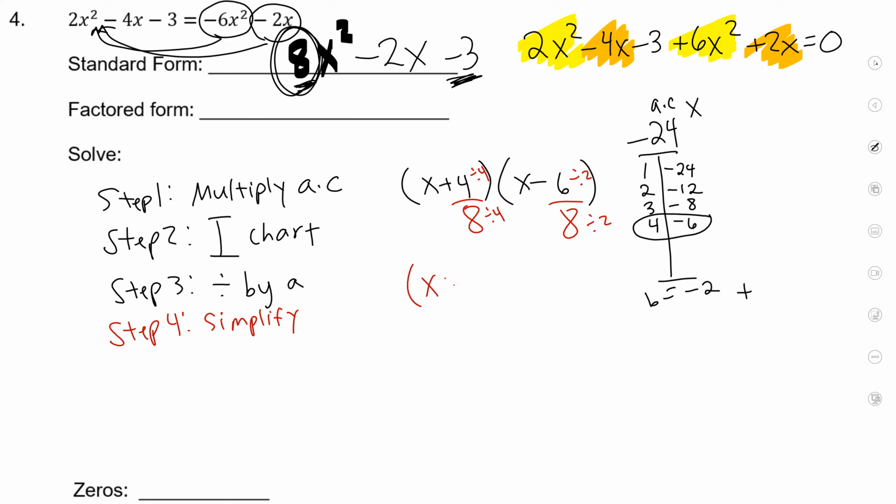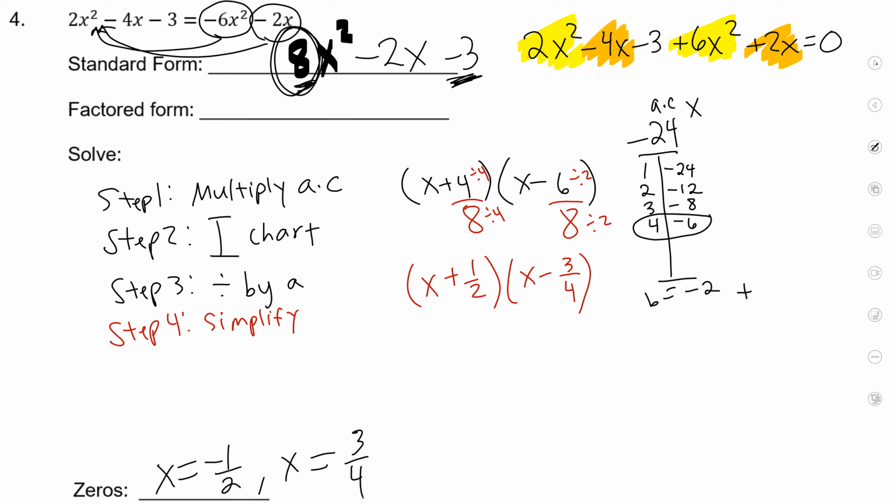So this will be a half, and this will be 3/4. My zeros, my solutions, will be the opposite of these. So it'll be x equals negative a half and x equals 3/4. Those are my solutions.